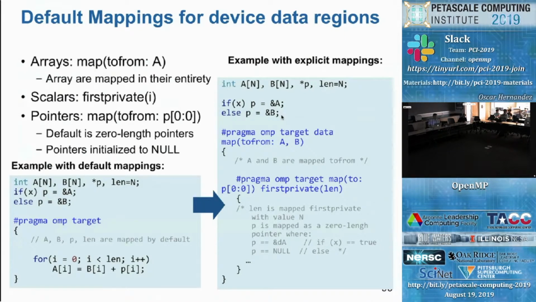Pointers, if you're just mapping the pointer itself, are going to be initialized to null. And then you can shape pointers using a notation that gives the beginning, the offset, and the length of what the pointer is pointing to, and then you can specify that to define how your variables are going to be mapped or copied to the accelerator.